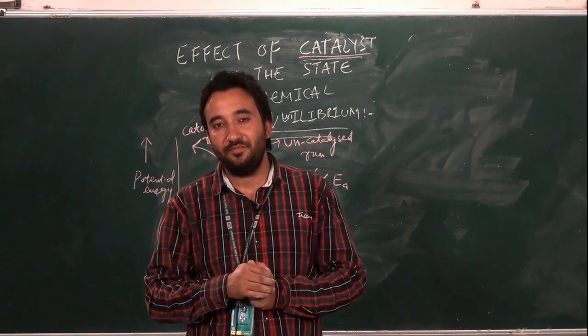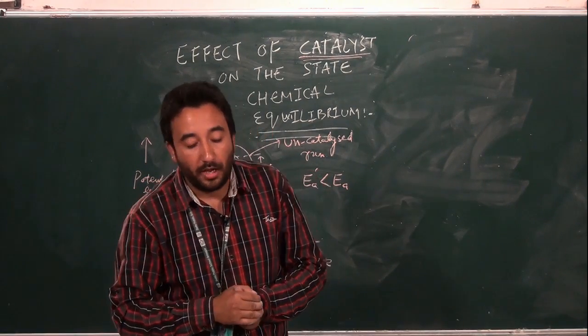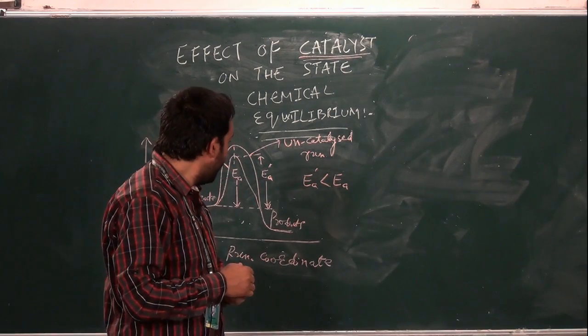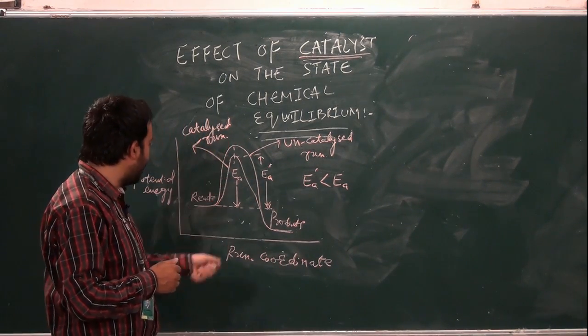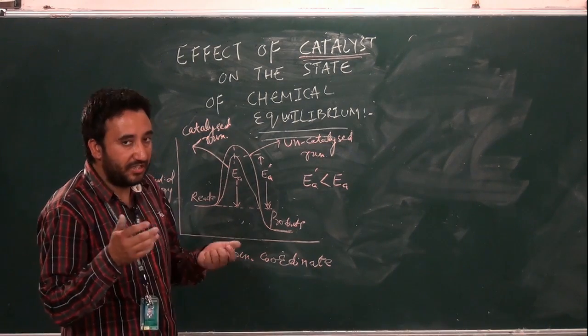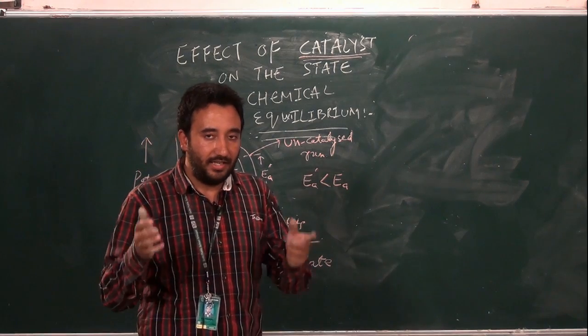So, according to activated complex theory, how does a catalyst increase the rate of reaction? It increases the rate of reaction by decreasing the activation energy.